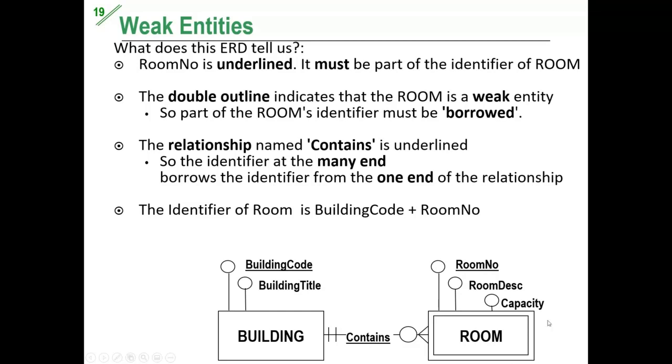And then the double outline indicates the room is a weak entity. So that means it borrows part of the identifier. So in this case, the borrowed identifier also becomes the foreign key of the weak entity as well.